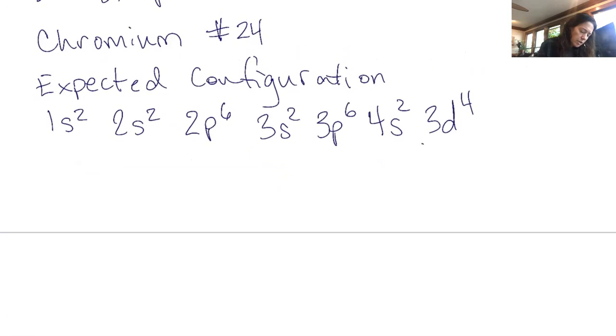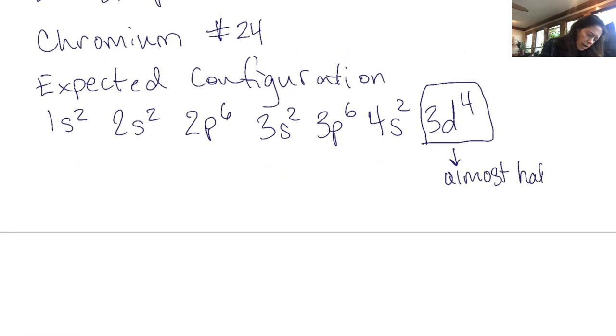Well, notice that this last subshell on the third energy level is almost half filled. And if you recall, there's something particularly stable about half filled and completely filled orbitals.